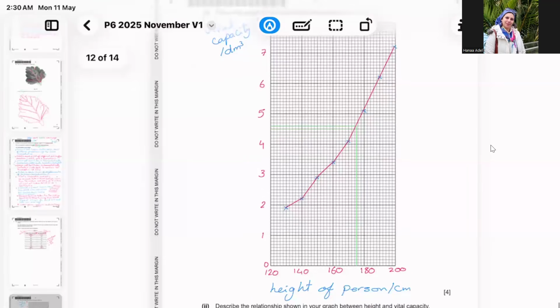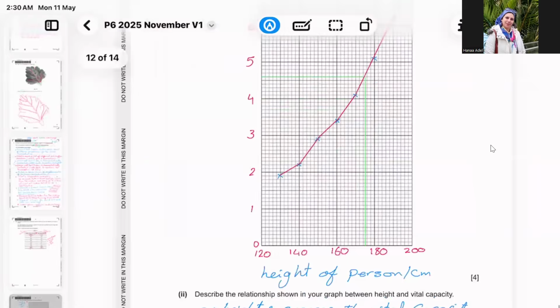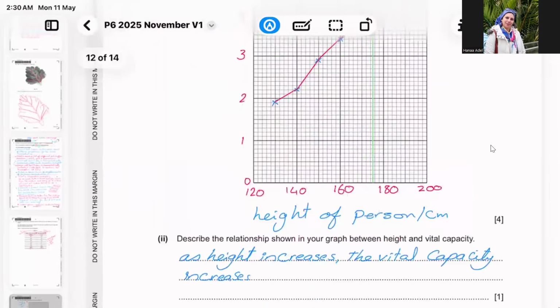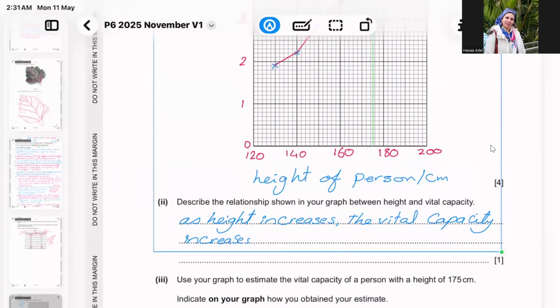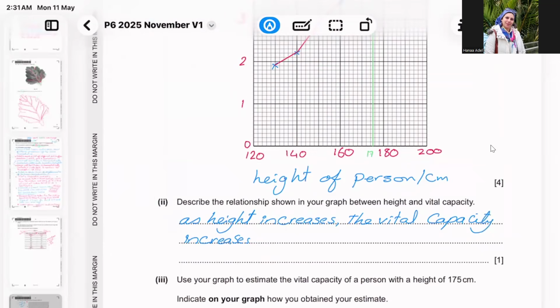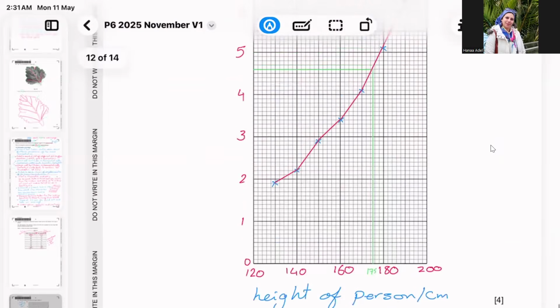Use your graph to estimate the vital capacity of a person with a height of 175 centimeter. This is 175. Indicate on your graph how you obtained your estimate. So you can get it, move up like this.